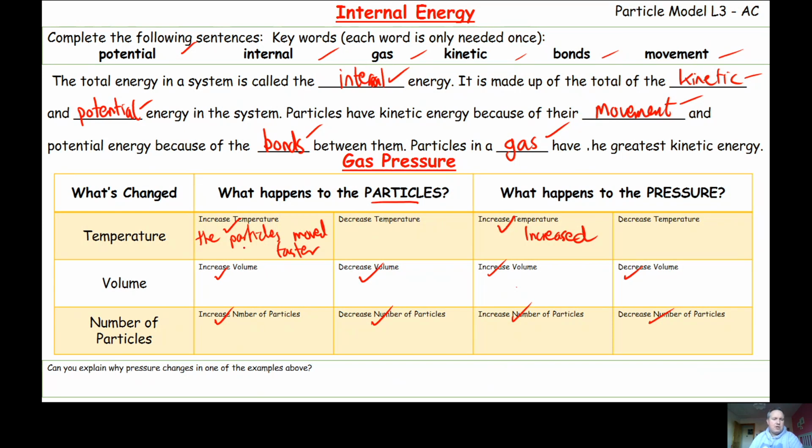Explain why pressure changes in one of the examples above. So for example, you could write, when I increase the temperature, the pressure increased because. You can write an explaining sentence using the idea of the particles.